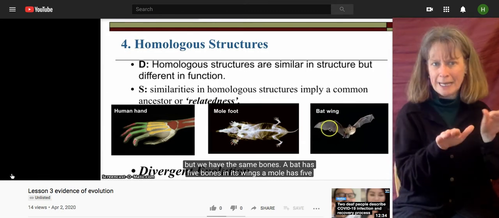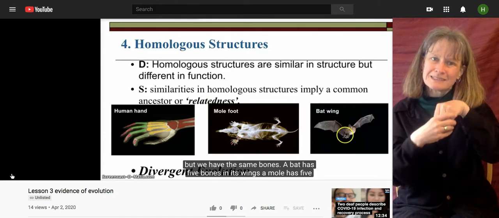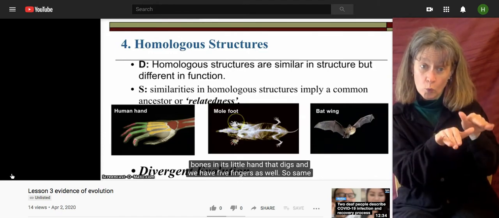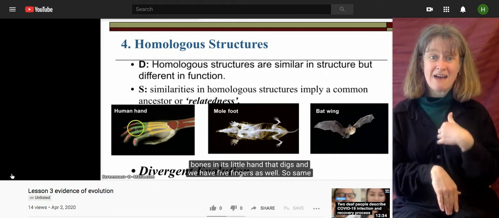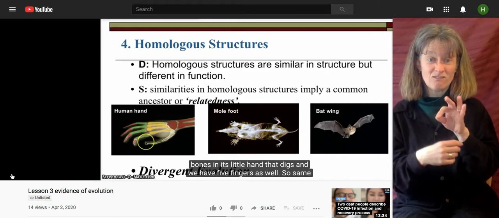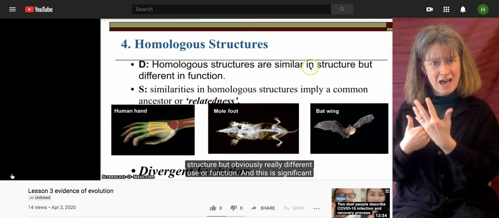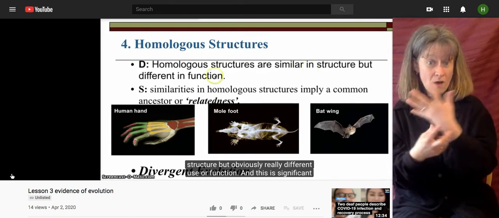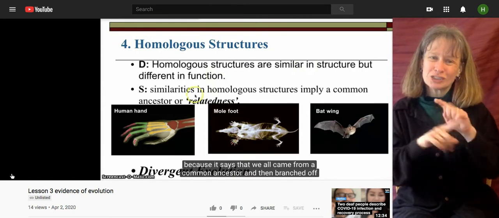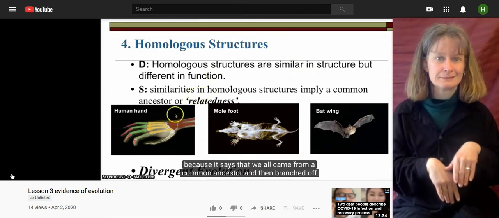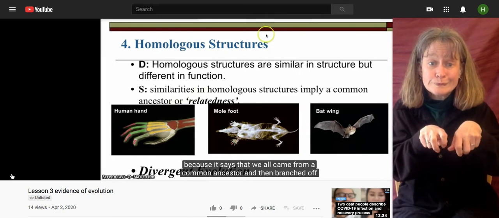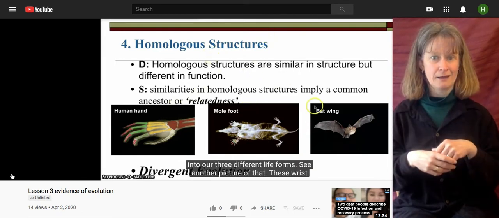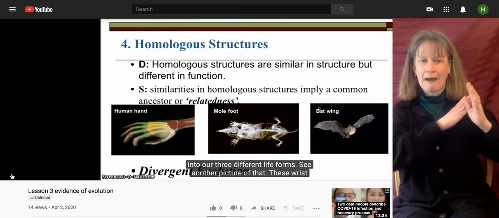A bat has 5 bones in its wings, a mole has 5 bones in its little hand that digs, and we have 5 fingers as well. So same structure, but obviously really different use or function. And this is significant because it says that we all came from a common ancestor and then branched off into our 3 different life forms.